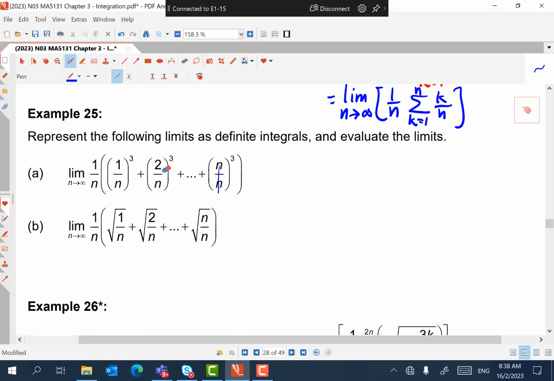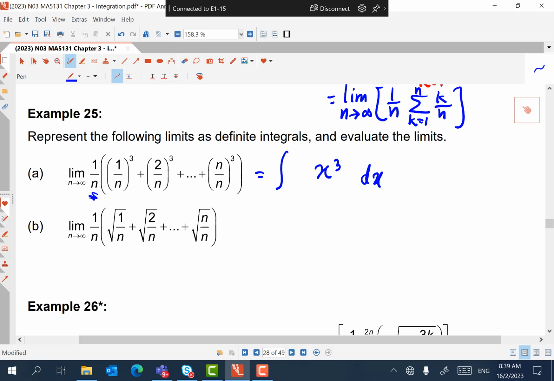So based on this observation, what function do you think it is, Jun Seok? This thing looks like x, so I guess that the function has to be x cubed.